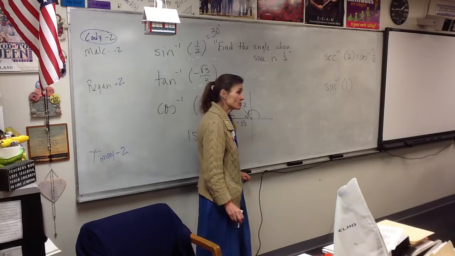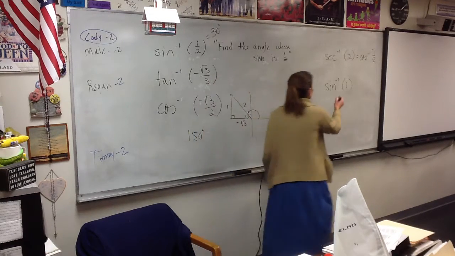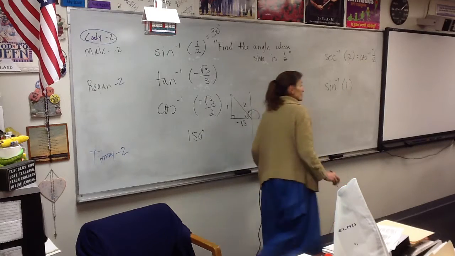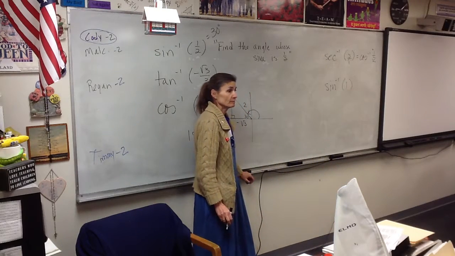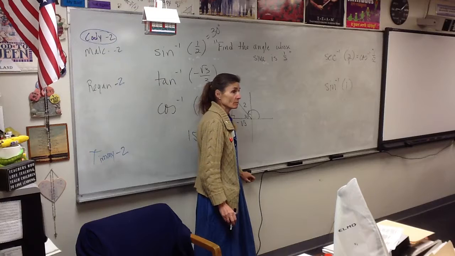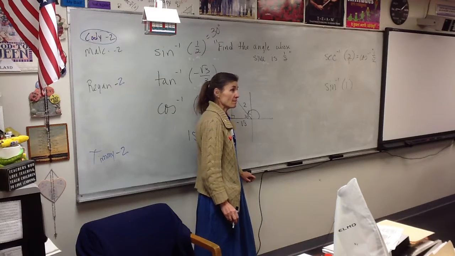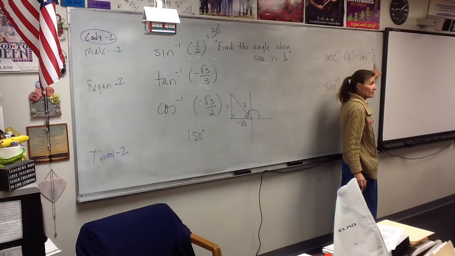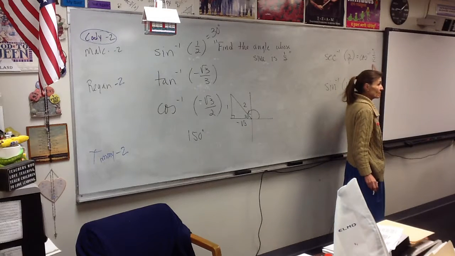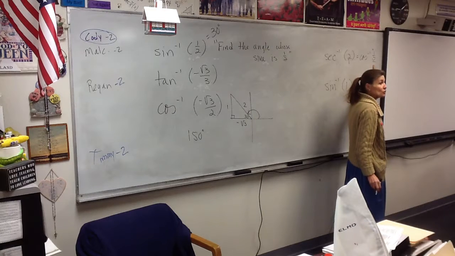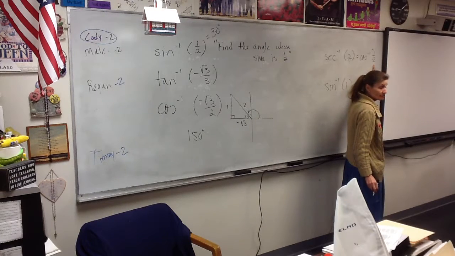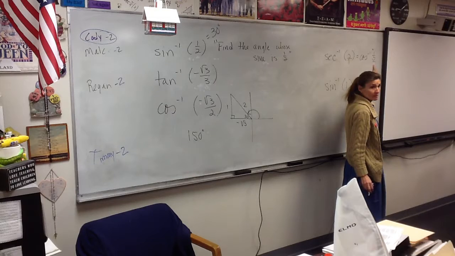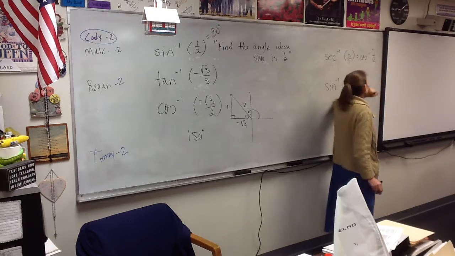The secant is 2 over 1, so the cosine would be 1/2? Yeah. If I'm doing it on my calculator, I have to do this. Why do I have to do this on my calculator? Because you don't have a secant button. Right? So you've got to change it into cosine.